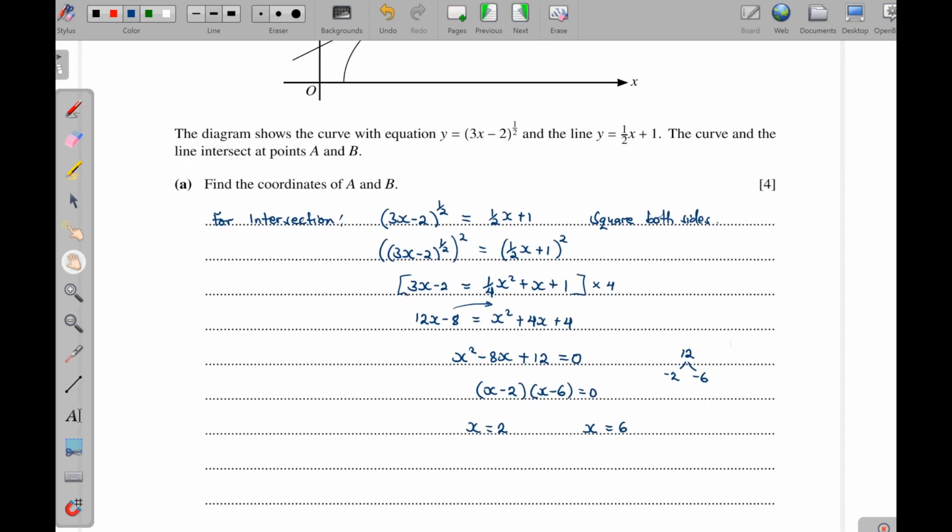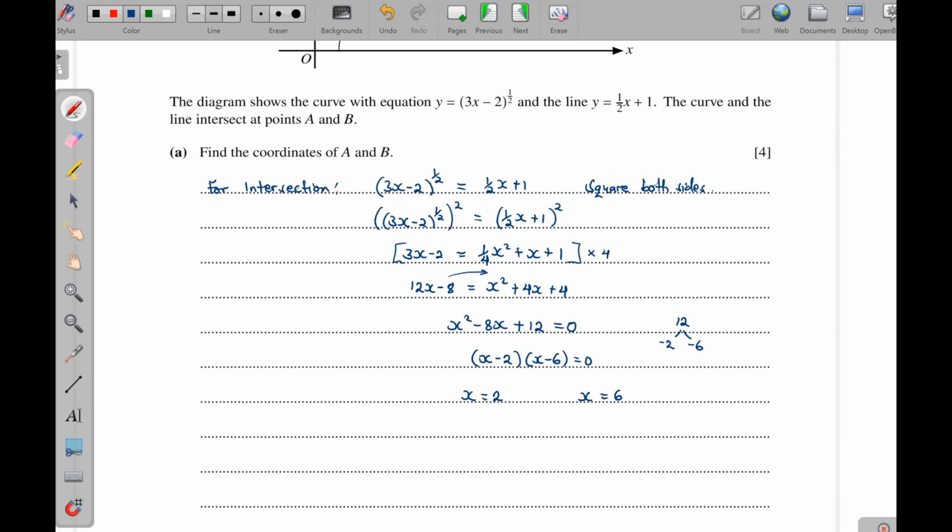And for each of these values, I need to get the y value. So substitute in any of the two you want. So if I use a half times x plus 1, this one will give us a 2, and then this one here, a half of 6, that will be a 3, plus 1, this one will give us a 4.